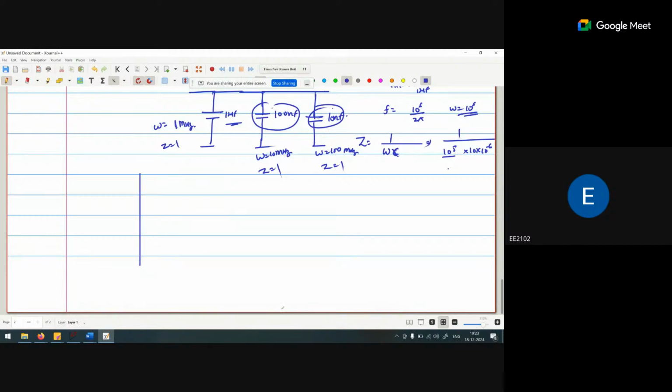What span are we getting now? The omega, this one particularly working on this one, 1 over omega c. Okay? When C is 1 microfarad, this is when C is 100 nanofarad, and this is when C is 10 nanofarad.